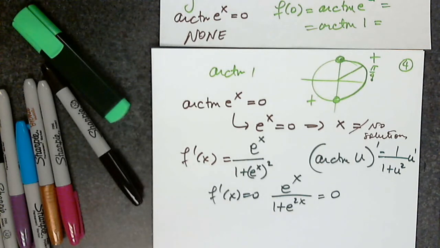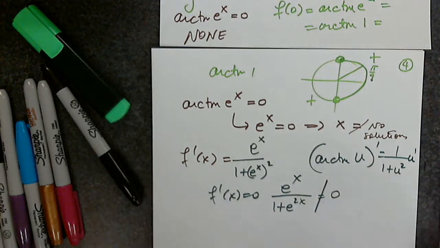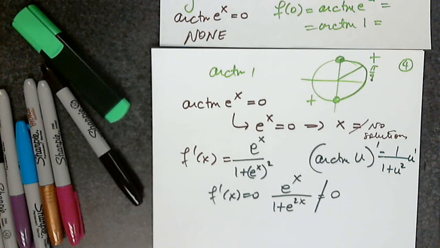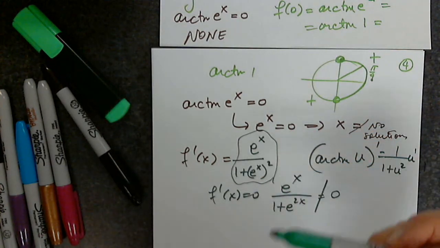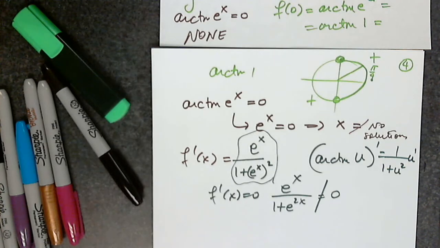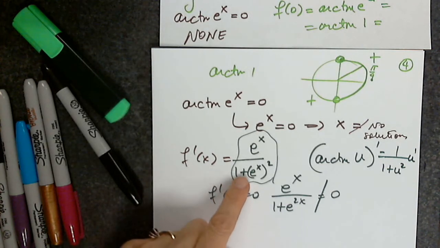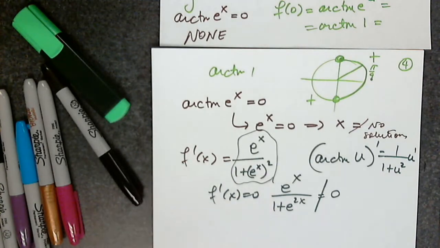When is the ratio 0? Right, but e to the x is never 0. So there is nothing I can do here. No solutions. Now I need to determine the sign of this. What type of number is e to the x? Positive. What type of number is 1 plus a positive number?